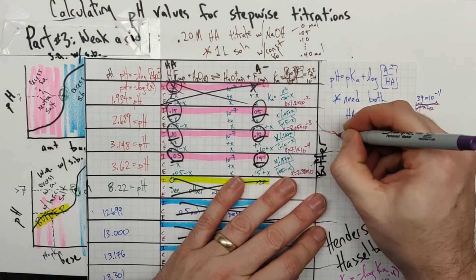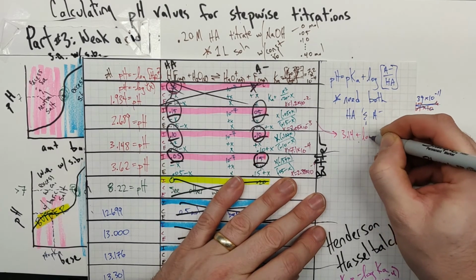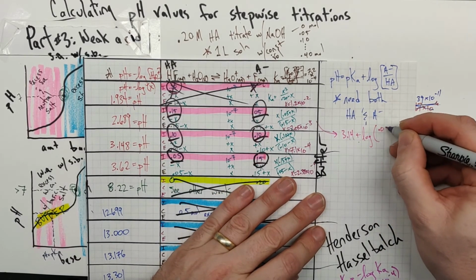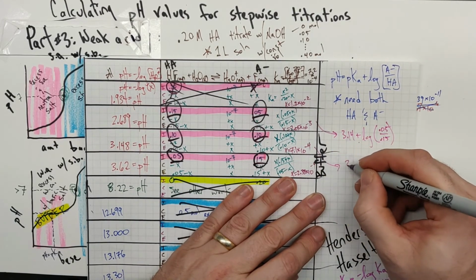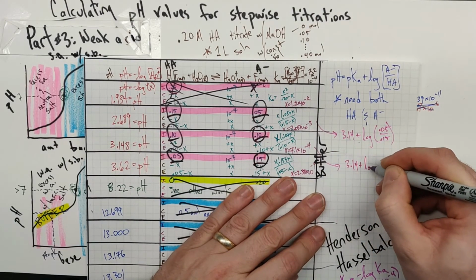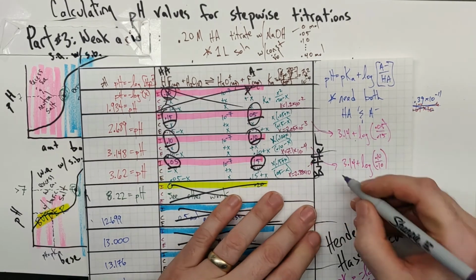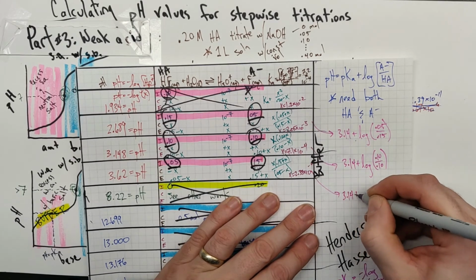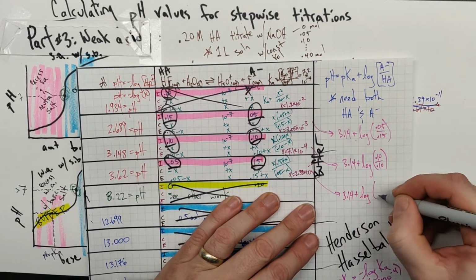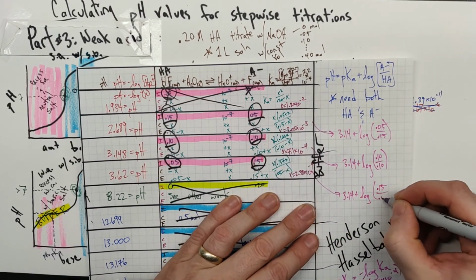For this one right here, we'll have 3.14 plus the log of 0.05 over 0.15. For this one right here, we'll have 3.14 plus the log of 0.10 over 0.10. And for this one, we'll have 3.14 plus the log of 0.15 over 0.05.